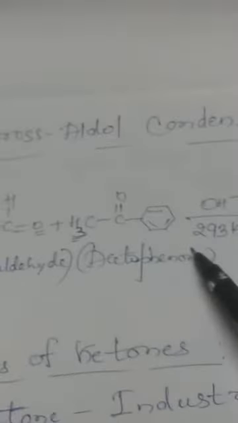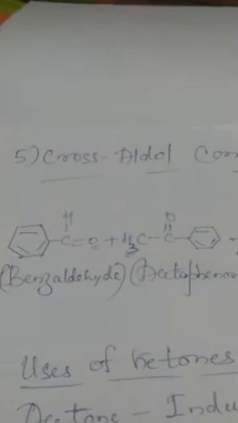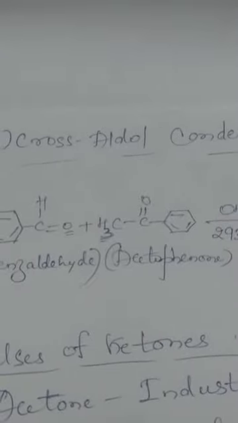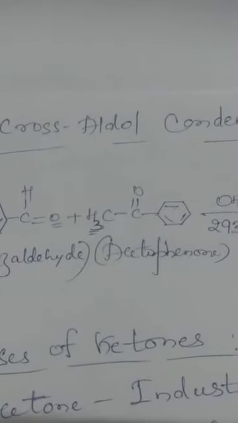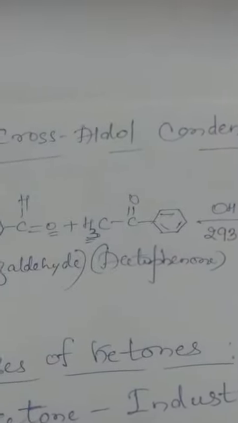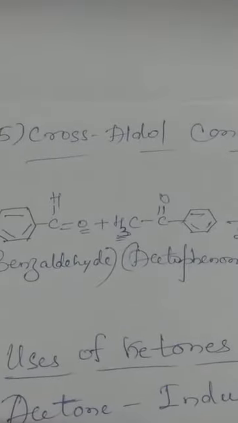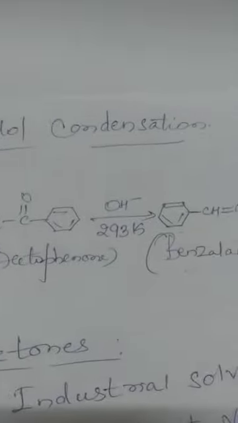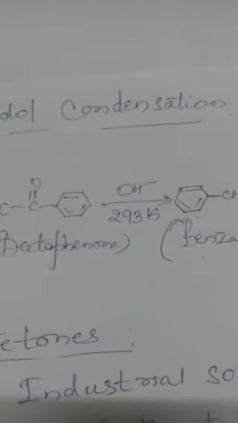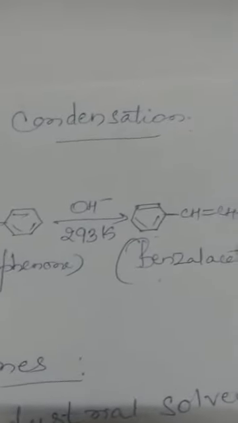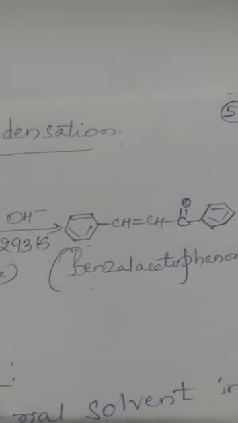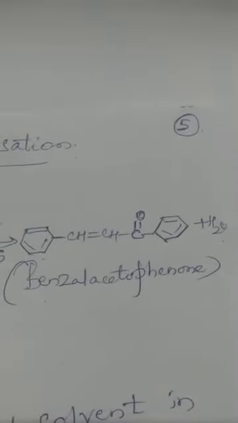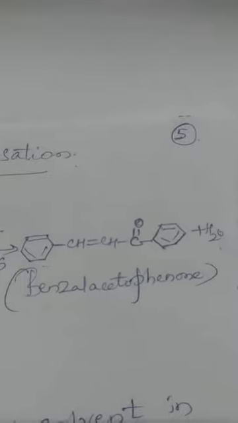This reaction is called cross aldol condensation. An aromatic aldehyde like benzaldehyde reacts with an aromatic ketone like acetophenone in the presence of alkali like sodium hydroxide or potassium hydroxide at a temperature of around 293 Kelvin to give the product benzal acetophenone.